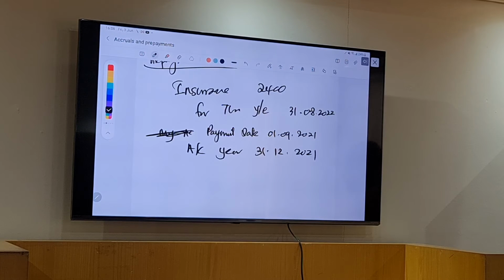How much is the expense related to insurance I should show for this year? Insurance 2,400. How much expense for the 31st December 2021 should I show?